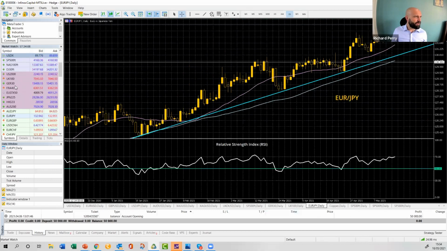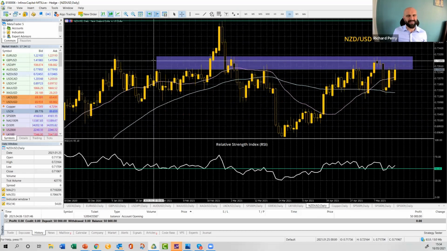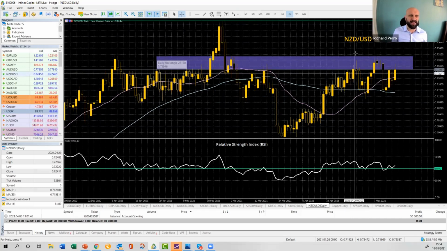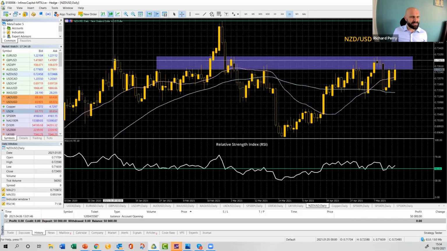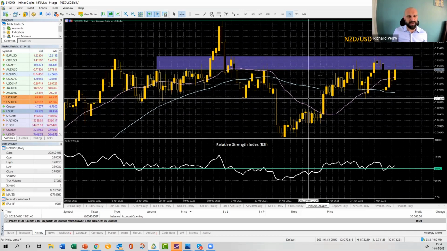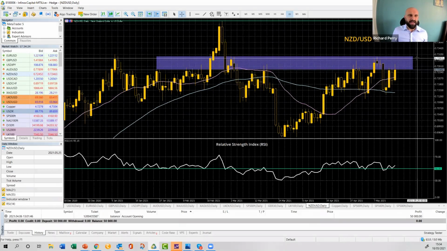And let's just have a look at Kiwi. Similar sort of moves, really. Again, Kiwi has struggled for direction throughout this year, really. It's gone sideways. I mean, it's been a bit fluctuating. Again, hitting its head on the resistance around that 73 figure area, struggling.